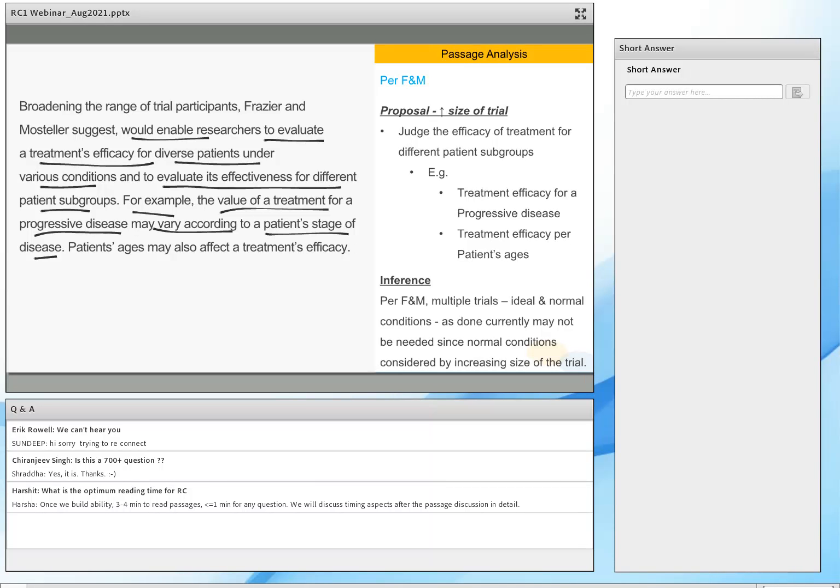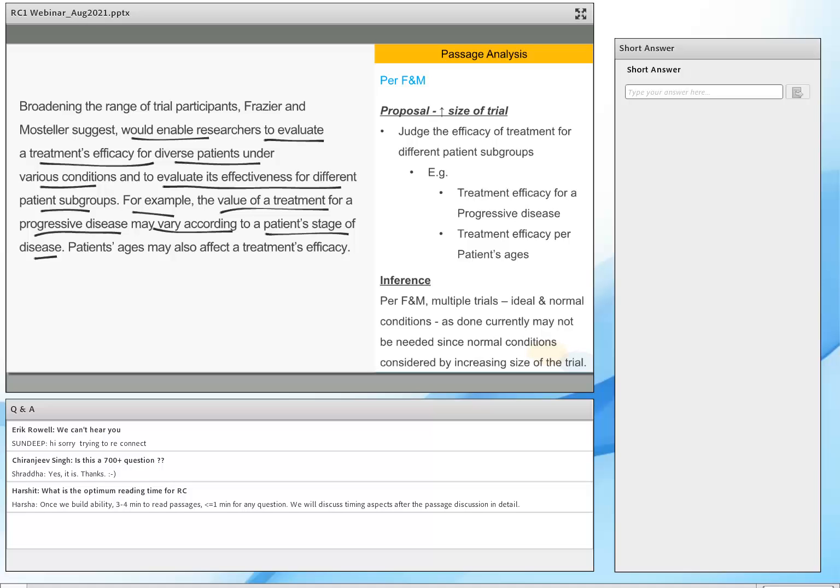So what FNM is suggesting is that if you include more people in your trials, then for the treatment that you come up with, you will be able to evaluate its efficacy on people who suffer from a disease at different stages of that disease. So you could check the effectiveness of the treatment throughout all the stages.